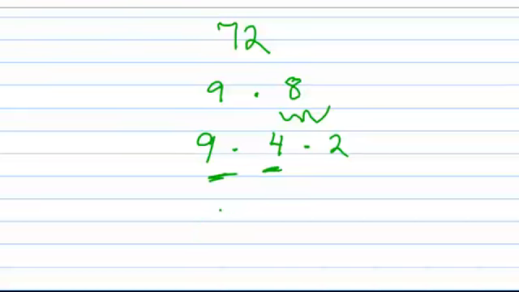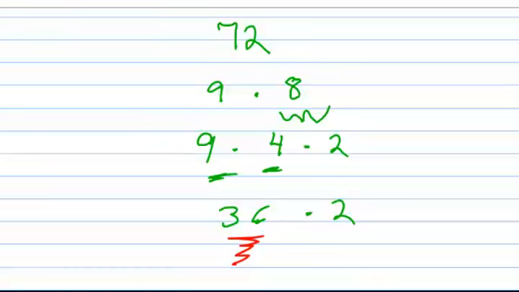A perfect square times a perfect square, guess what? It's a perfect square. The biggest is 36. 36 times 2 is 72. That's the easiest way, to me, to find the biggest. I find the one I can see, and if there's another perfect square, I factor it some more, and I multiply all my perfect squares.